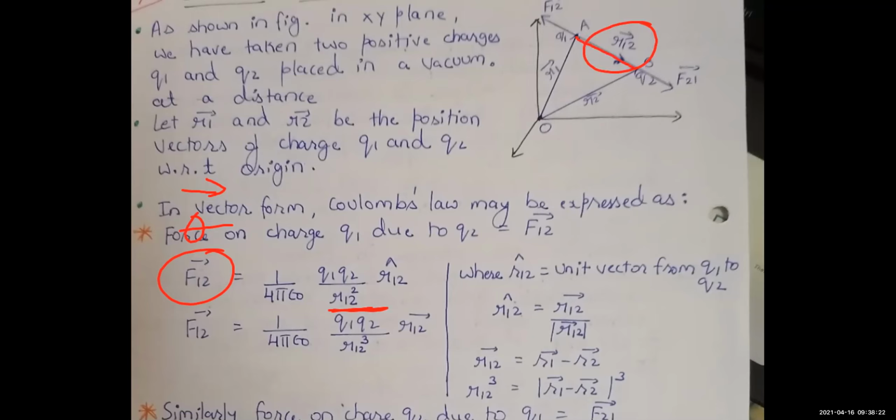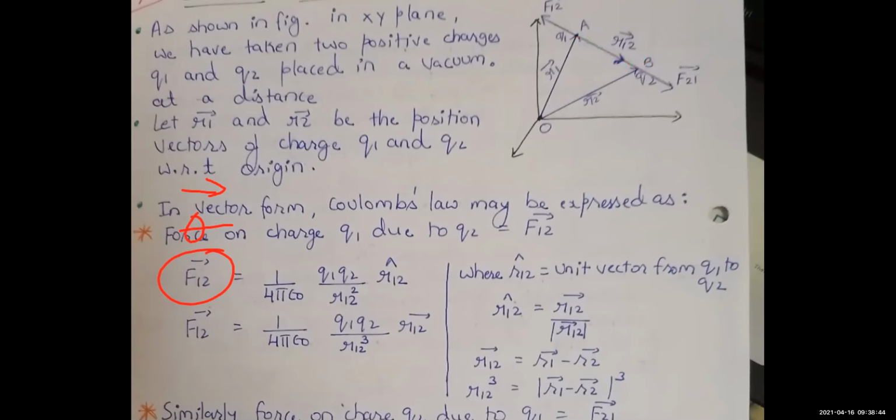Here we want to show it in vector form, so we give the direction by putting r12 cap. This is a unit vector. This indicates the direction, that is from charge Q1 towards charge Q2.